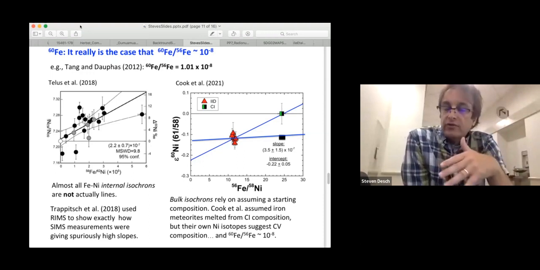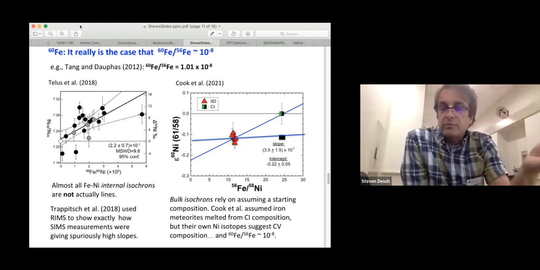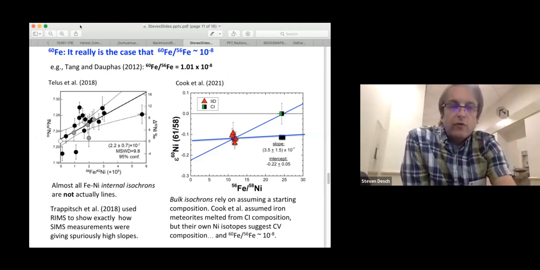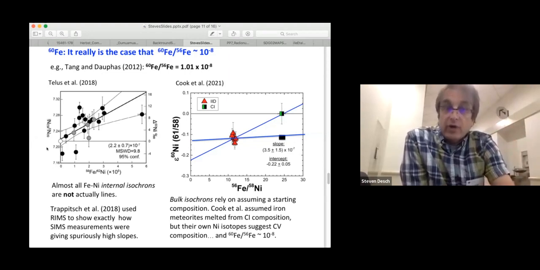There has been controversy in the past, especially when it was first measured, that it was at 10 to the minus 6. And the way you measure it, because it's all gone today, is to look for excesses of the decay product, which is nickel 60. You look for excesses of nickel 60 relative to nickel 62 versus the ratio of iron to nickel in different samples within a meteorite.